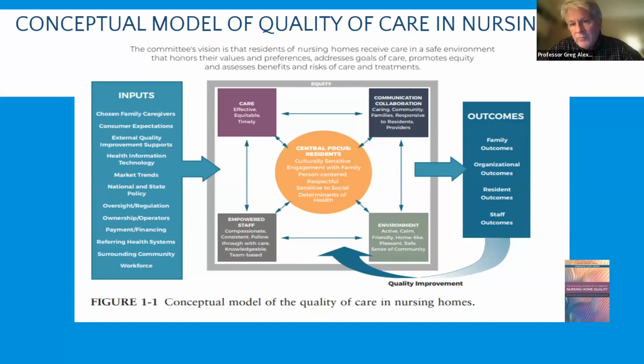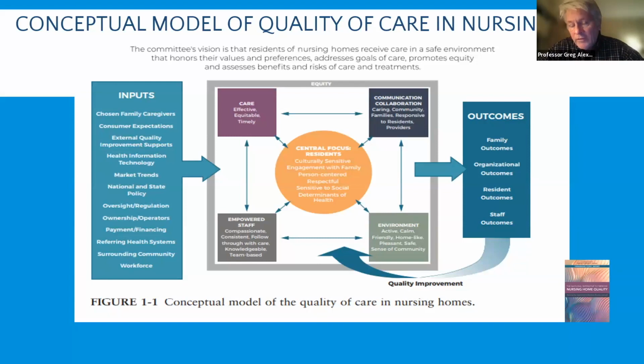The important part of this model that I want you to see is that on the input side, on the left-hand side, in that teal colored box, health information technology is called out as a specific input that would be required to improve quality of care in the United States. And it's been recommended that every nursing home strive to achieve higher levels of technology adoption that lead to better communication.